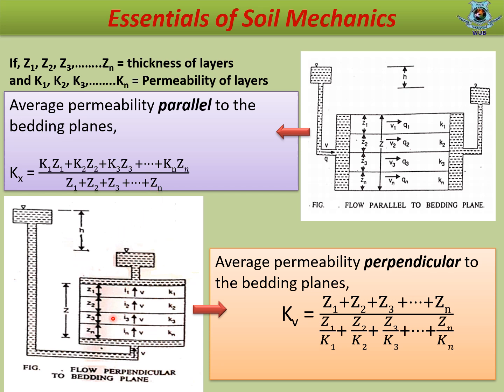Similarly, for perpendicular bedding planes, average permeability Kv will be Kv equal to Z1 plus Z2 plus Z3 plus Zn divided by Z1 divided by K1 plus Z2 divided by K2 plus Z3 divided by K3 plus Zn divided by Kn.